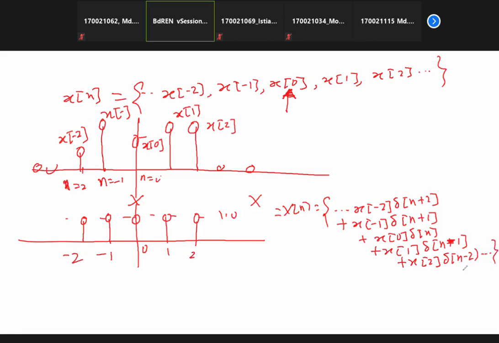Will that change the signal amplitude? No.